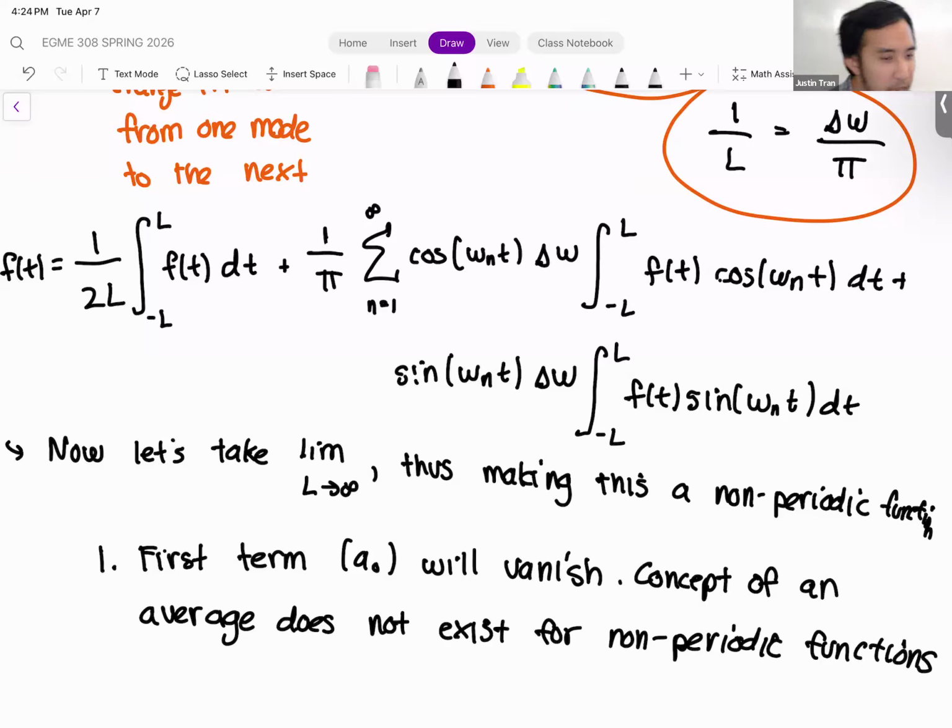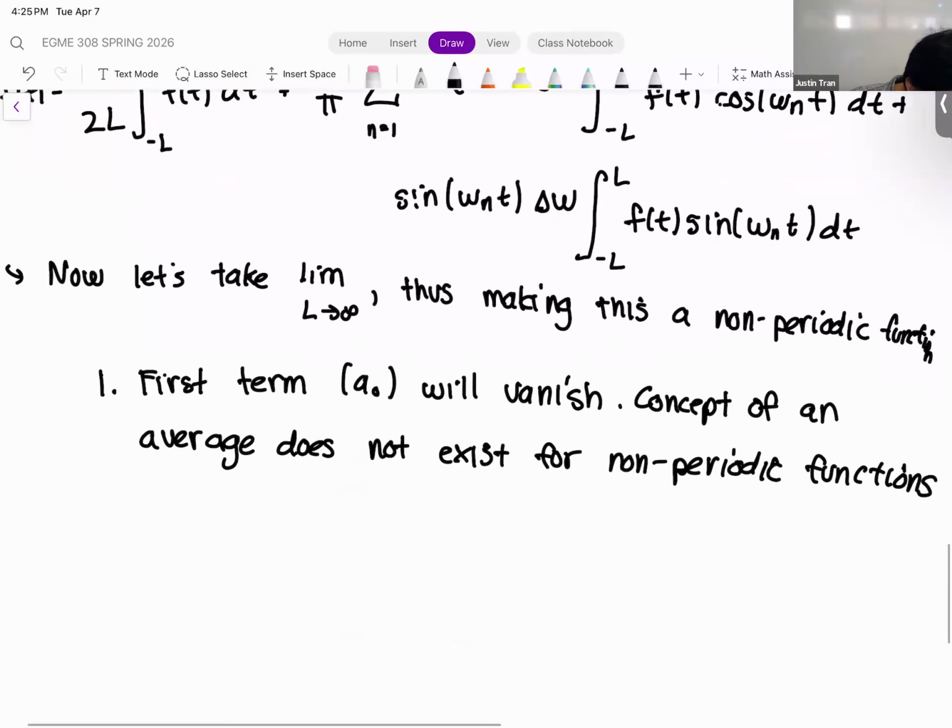It's like asking you to take the average of f of x equals x squared. X squared technically goes on to infinity, so if you're taking the average of that function as it goes to infinity, there's really no concept for it. Technically the average is infinity. So for non-periodic functions, it doesn't make sense for us to compute any average.